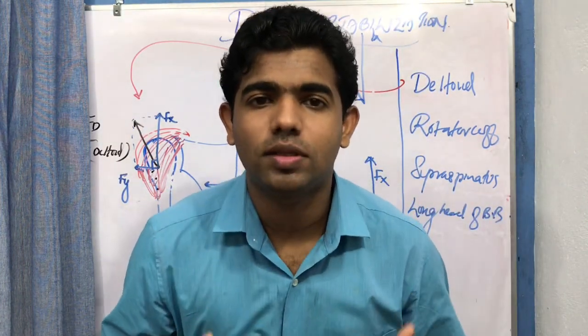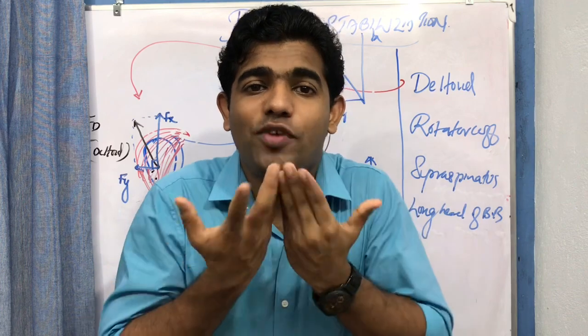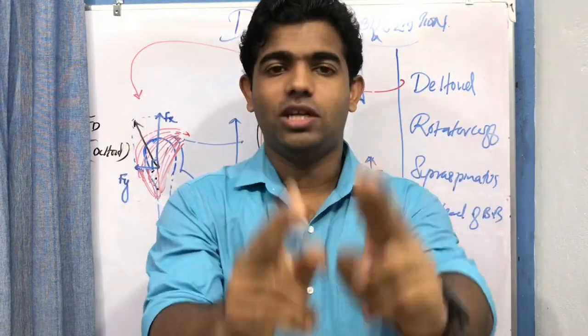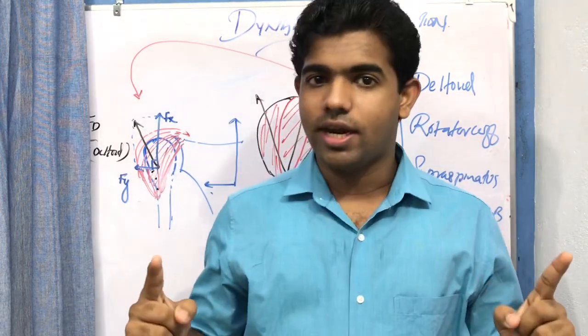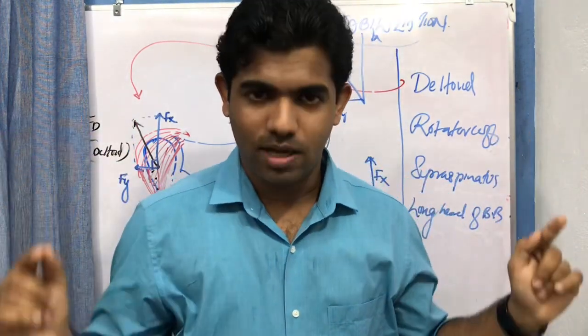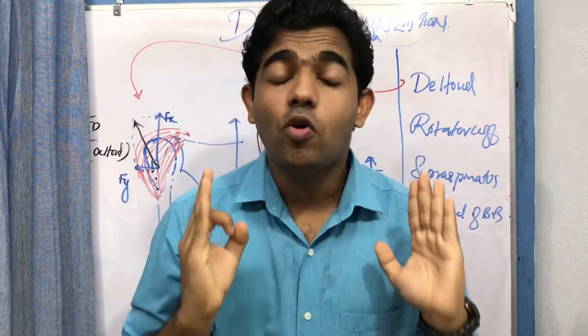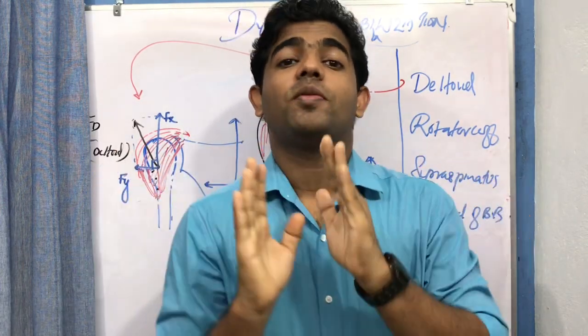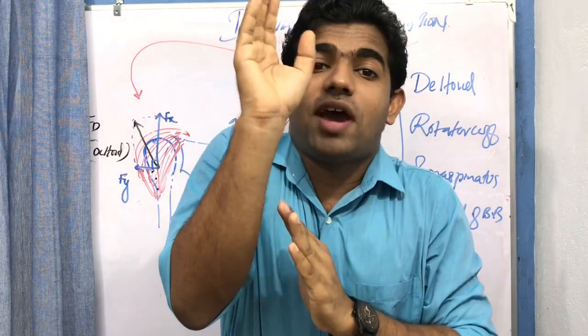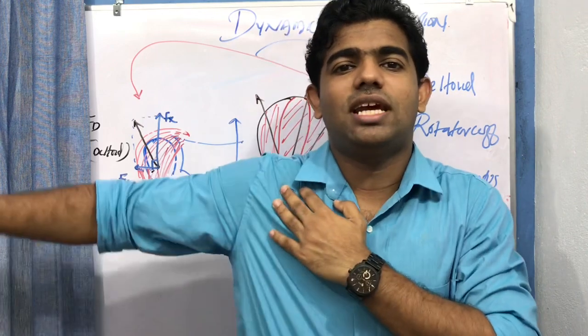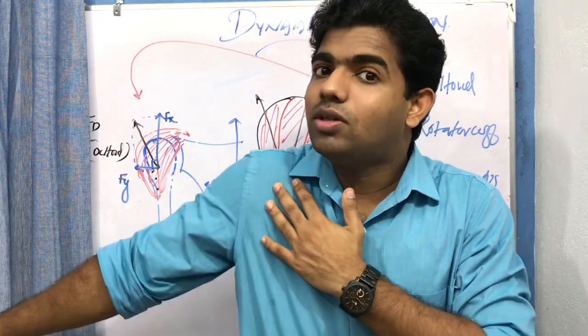we came to the conclusion that the force produced by the deltoid, F deltoid, when we divide it into force components, will produce a superior translation of the humeral head instead of producing the lateral translation, lateral movement or abduction.